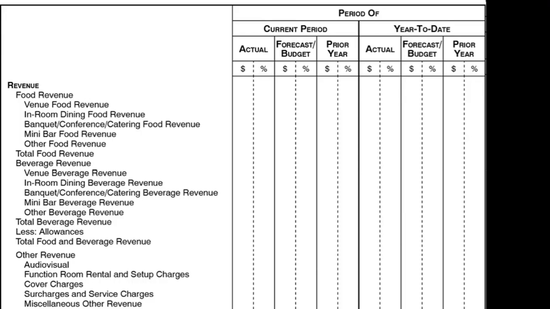So the total food and beverage revenue will be the total of food revenue and beverage revenue minus the allowances. Then the next line item is other revenue, which means audiovisual. Then you have function room, cover charges. We are going to look at what goes into these lines in the next video, where we will be covering the F&B revenue in much more detail.